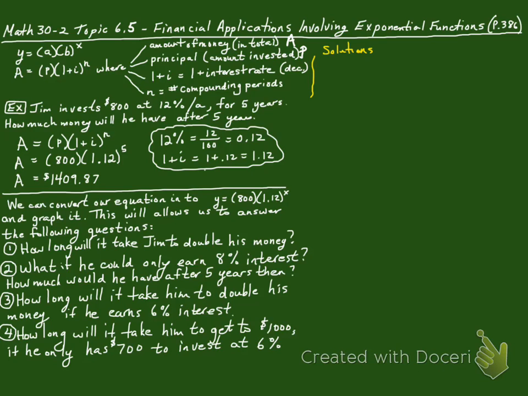Number 1, how long is it going to take Jim to double his money? Well, we're going to say that our first equation, y1, is y1 equals 800 times 1.12 to the power of x. Now we're going to create a second equation for our doubling effect, which means y2 is going to equal double 800, or 1600.